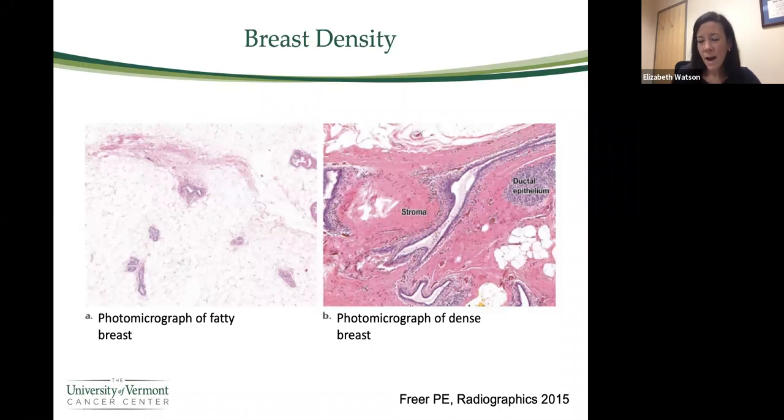The X-ray wouldn't be able to get through as well as it could with the radiolucent fatty breast. So you can imagine the X-ray getting deflected and not being able to really pass through and image that tissue well. So this is a microscopic level of what we see on the mammogram as dense breast tissue and fatty breast tissue.